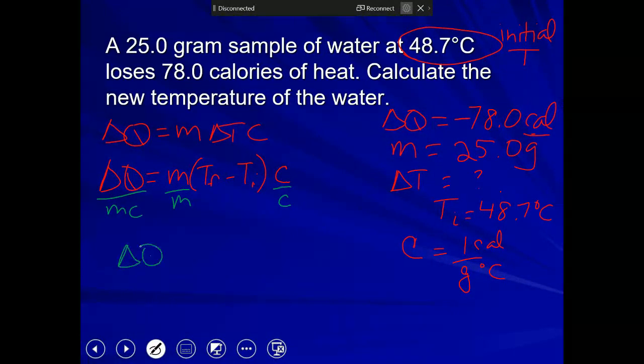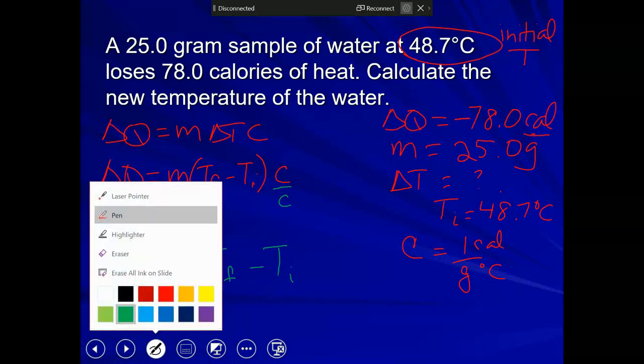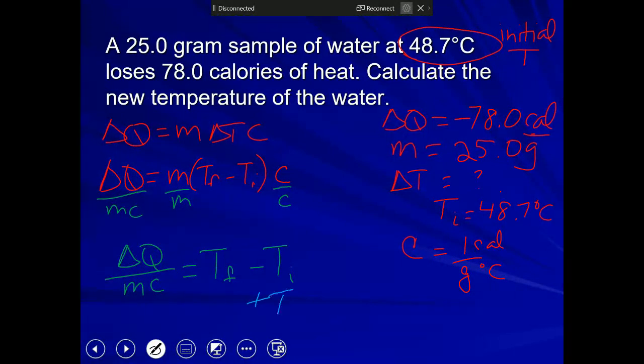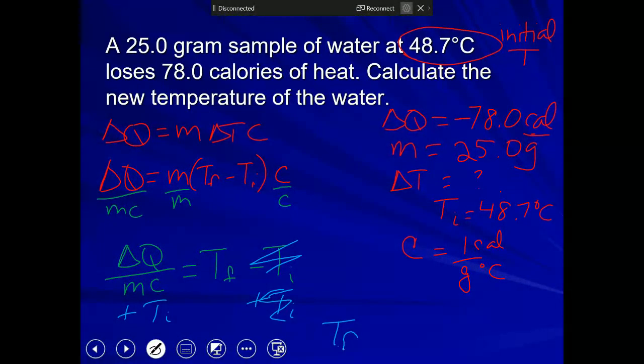So delta Q over MC is equal to the final minus the initial temperature. And then, do you guys see, I can just add the initial temperature to both sides. Over here, it'll divide out. So T final, I'm going to put my equation down here, and then I'm going to erase some other stuff.